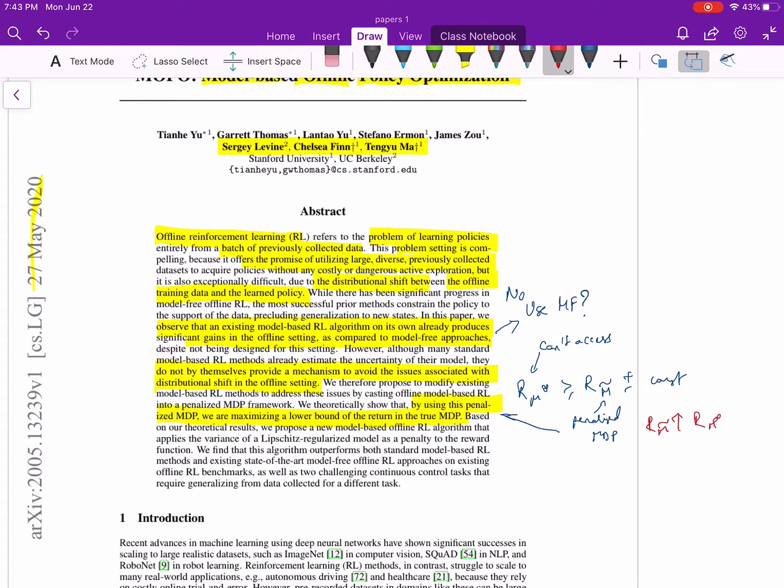This is just the view from this abstract. So let's go read it further.